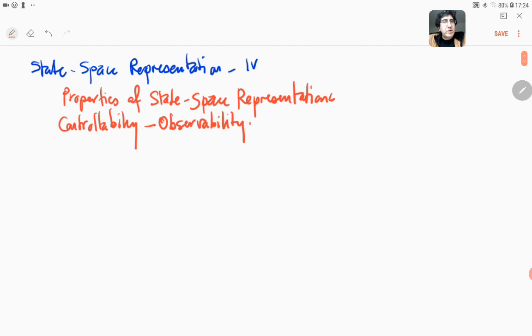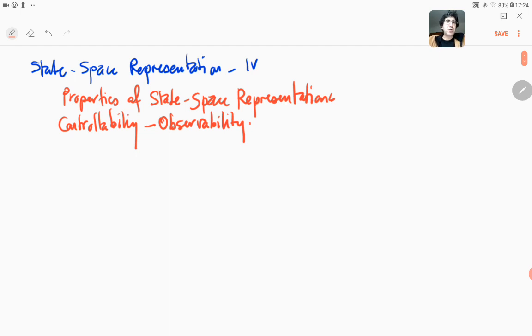Now, if you remember in state space canonical forms, canonical by definition means something of importance, exemplary. Okay, so canonical forms means they are special state space representations with special state definitions.